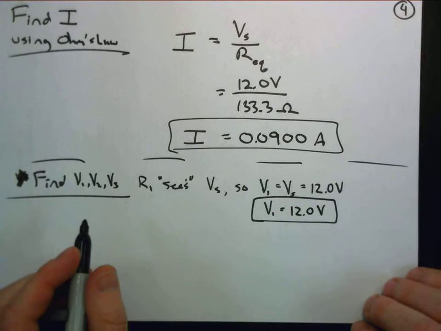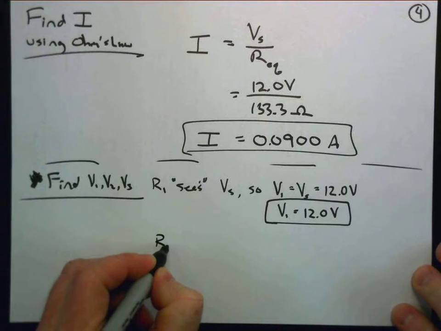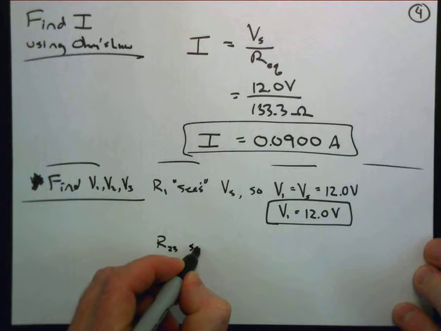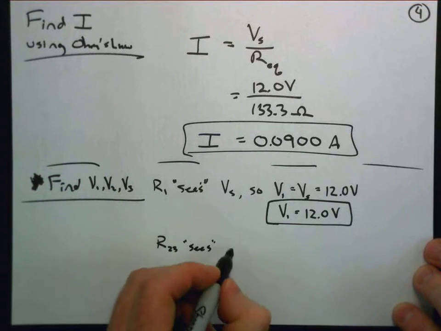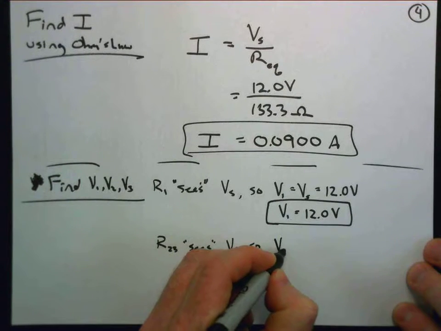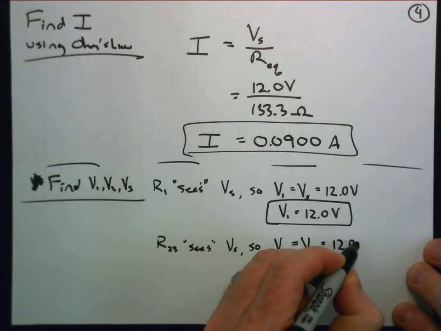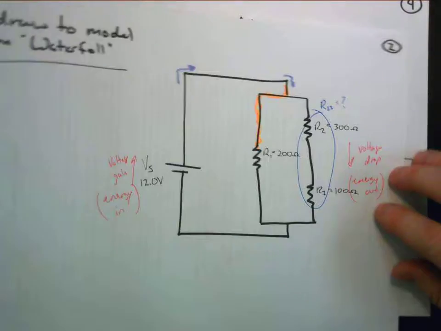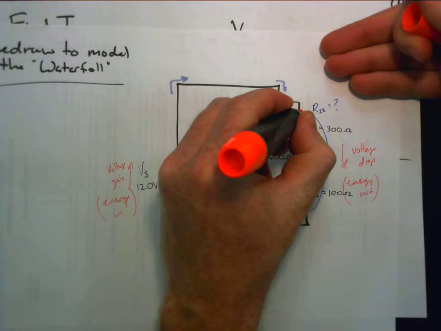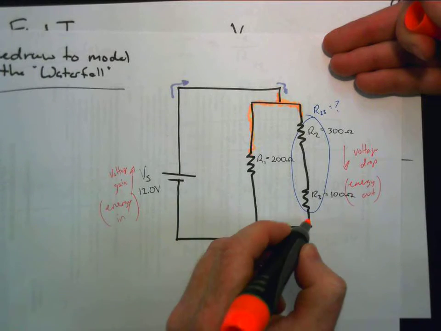It won't be quite so straightforward for the other two resistors individually, but by the same argument, I can say that resistor 2,3, as an equivalent resistor, also sees, in quotes, the voltage source. So the voltage drop of 2,3 in combination equals the voltage of the source, which equals 12 volts. And there's another way of looking at it. If we look at 2,3 in combination, they get the same potential as R1 does.